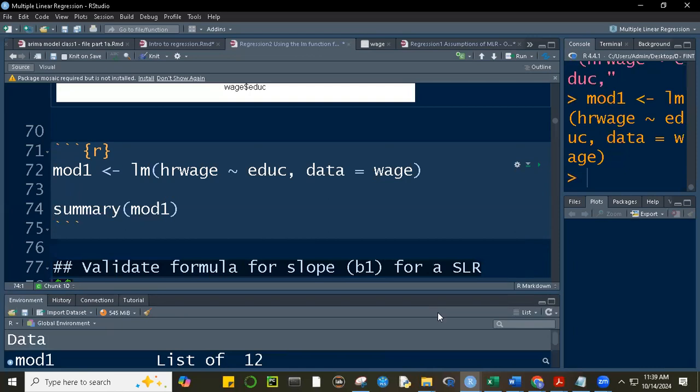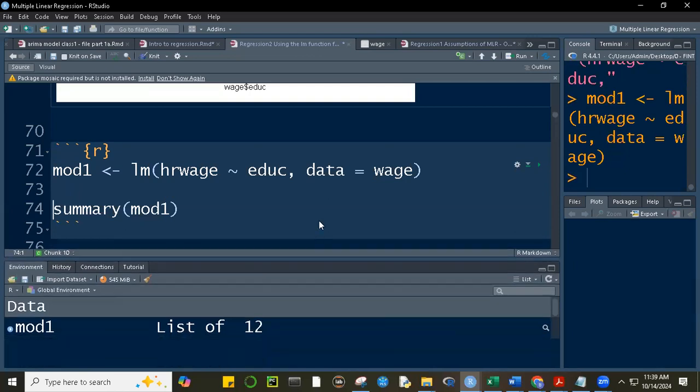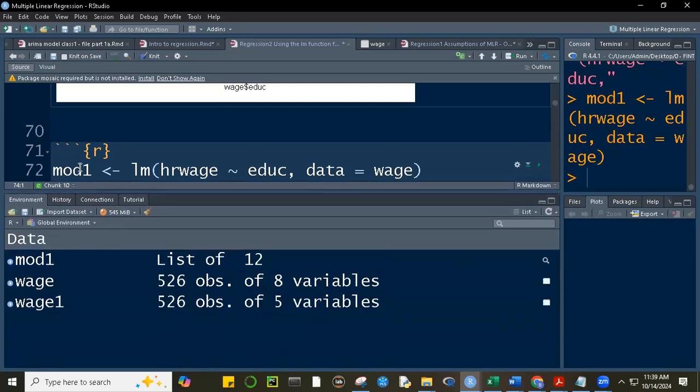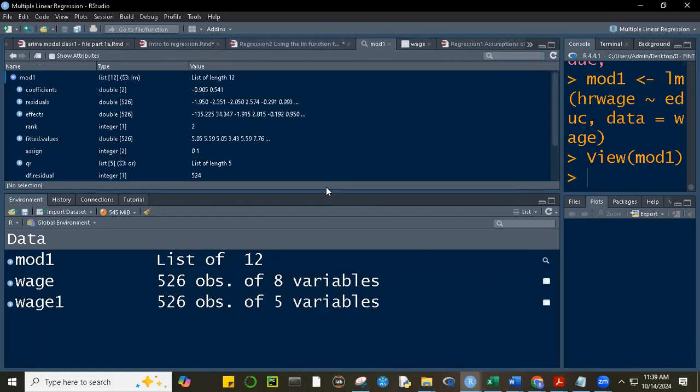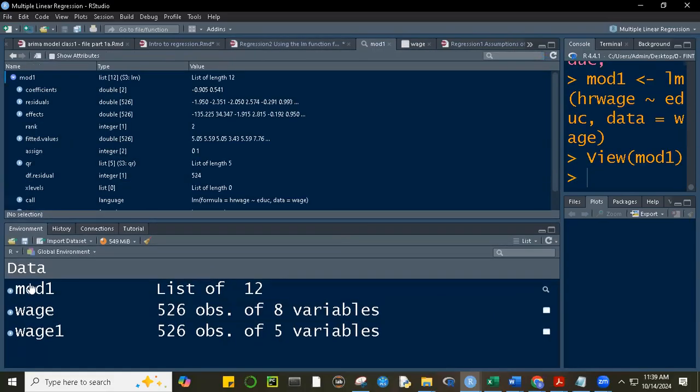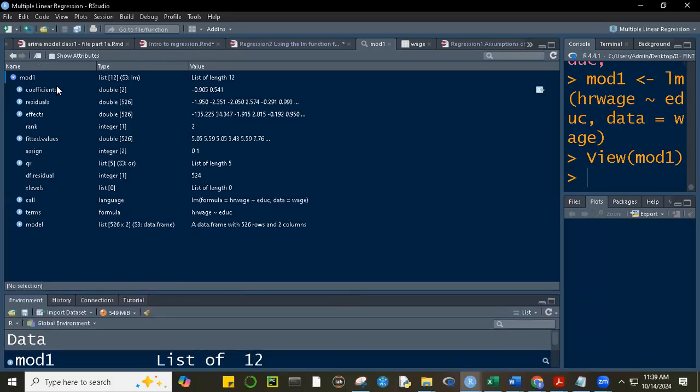Okay, so I hope you got it, class. And then notice, class, that the object that I created, mod 1, it's a list. No? So, tingnan natin tong list na to. A list, class, will always be part of your data. Okay, if we can see here, class, marami siyang laman.